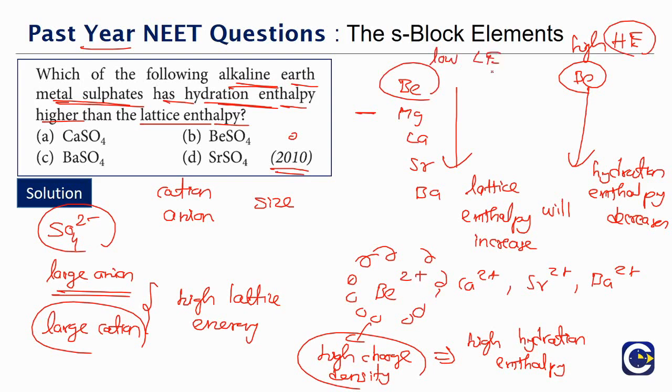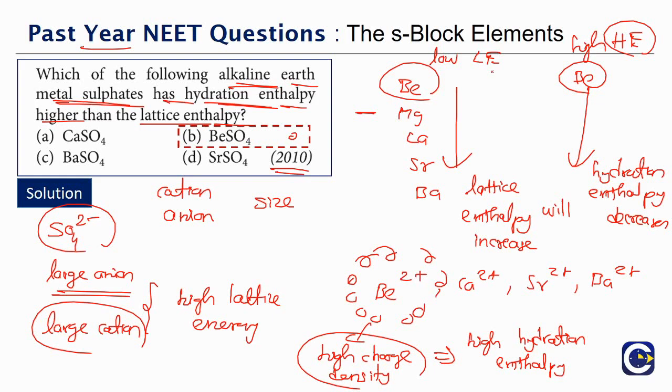So we are looking at a case where hydration enthalpy will be higher than the lattice enthalpy. Because beryllium has high hydration enthalpy and the least lattice enthalpy, this will happen in the case of beryllium sulfate.